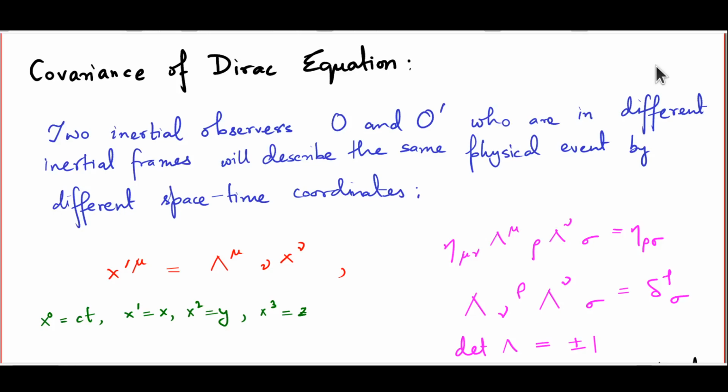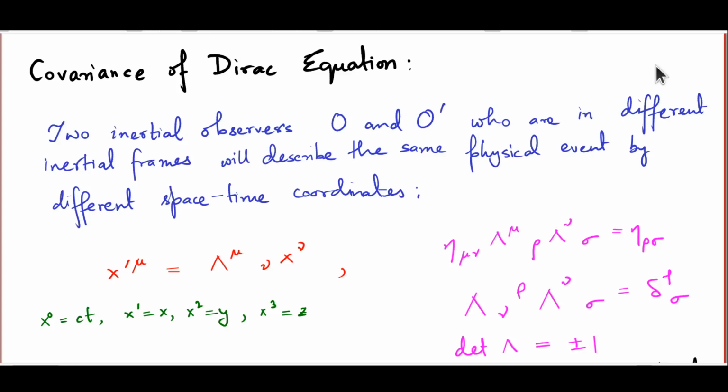That is, two observers who might very well disagree about the values of space-time coordinates would agree about what this particular quantity, the so-called interval, is. And that immediately gives rise to a restriction on the possible coefficients of a Lorentz transformation. It must obey the relationship eta mu nu lambda upper mu lower rho lambda upper nu lower sigma equals eta rho sigma.